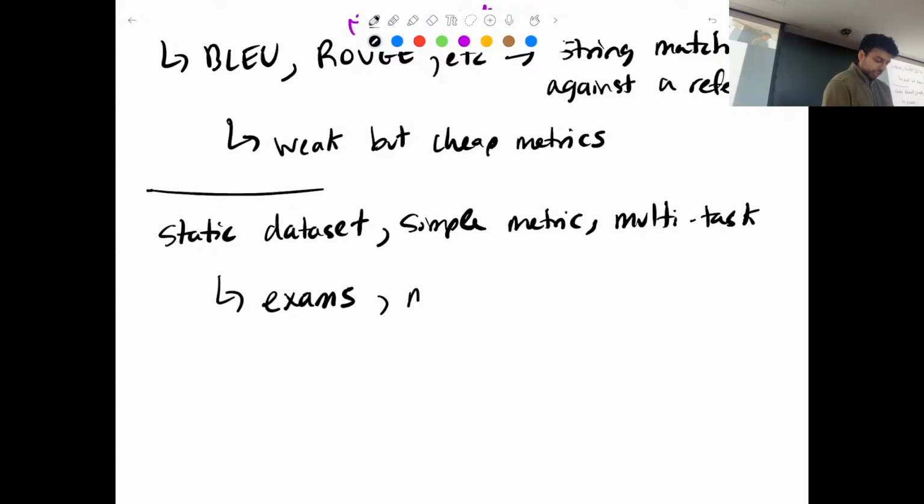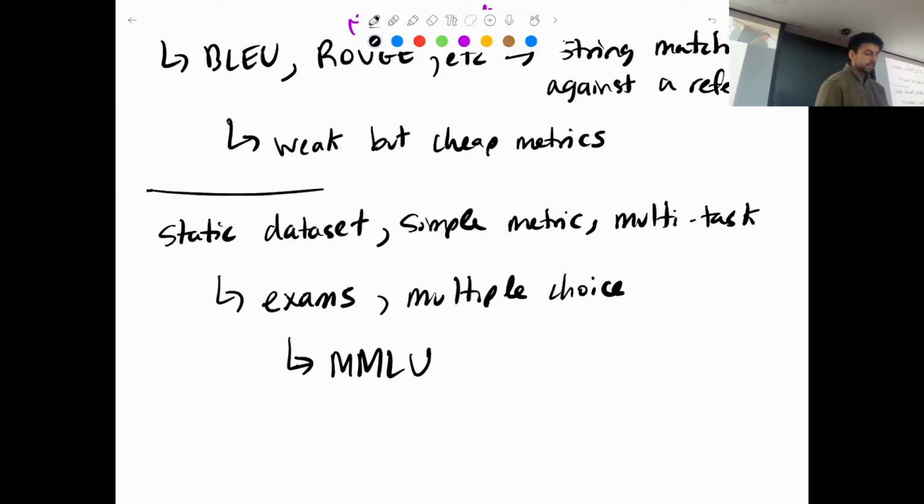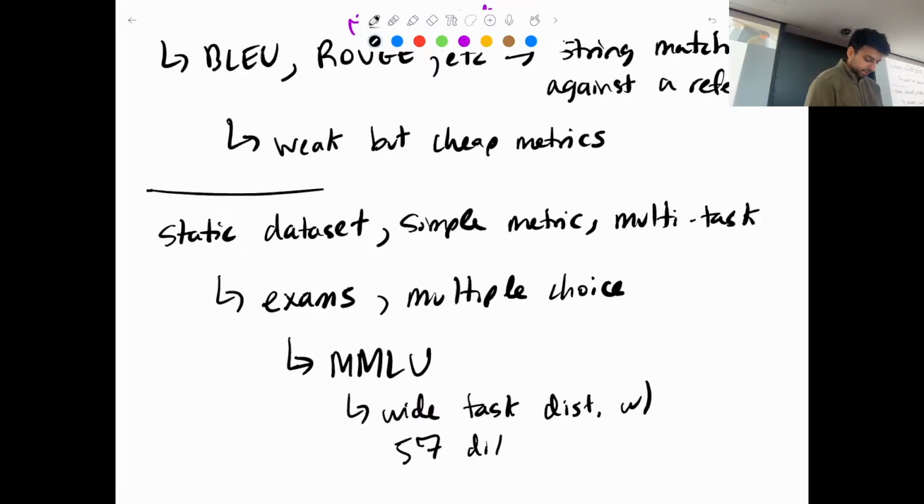And generally these are multiple choice. Probably the best example of this is a data set called MMLU, which has a wide task distribution with 57 different subjects.